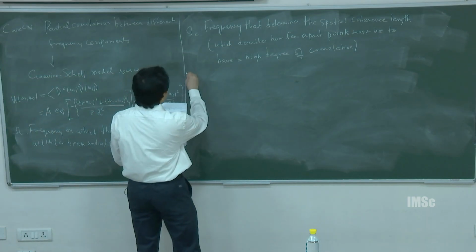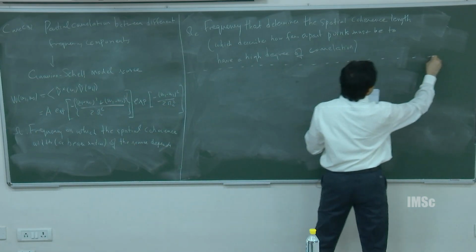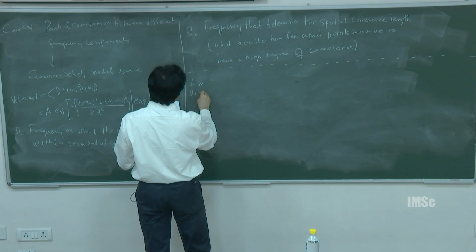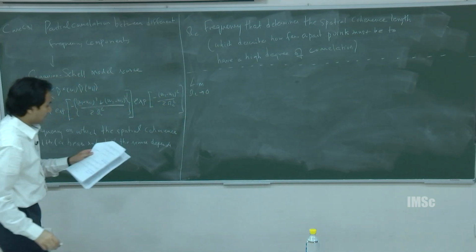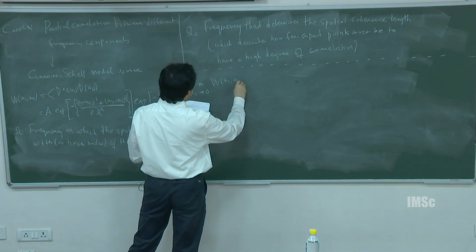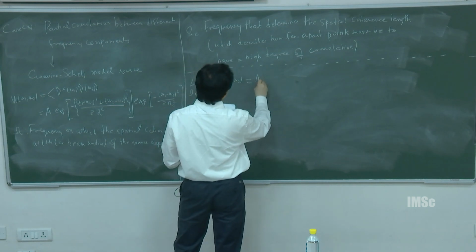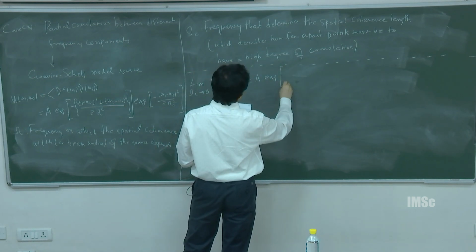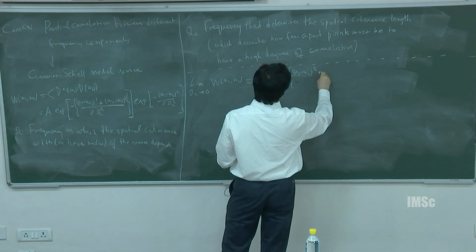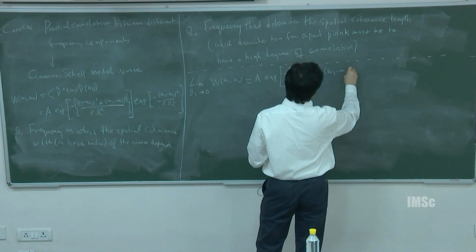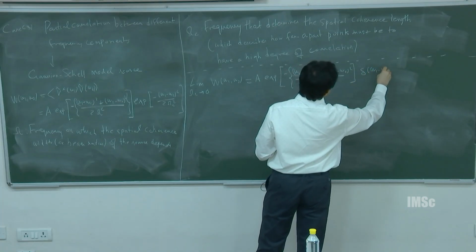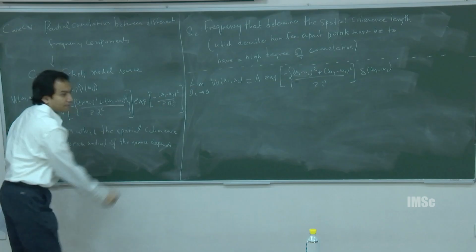Now, consider this limit, omega c approaching 0. In this limit, this term becomes the delta function, right?